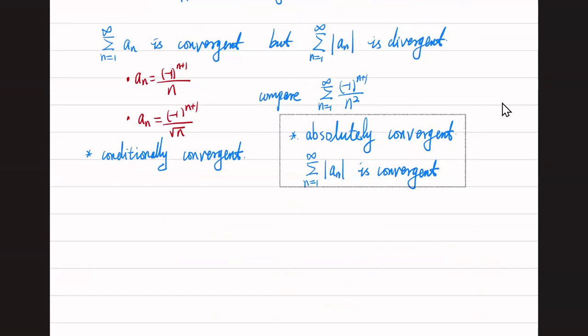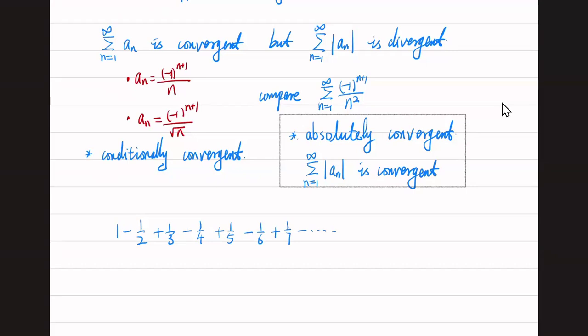And why? Let's see the example. 1 minus 1/2. This one, we know it's convergent.